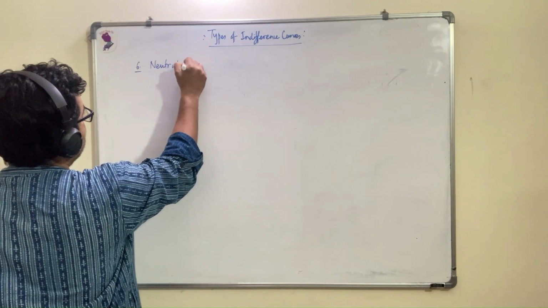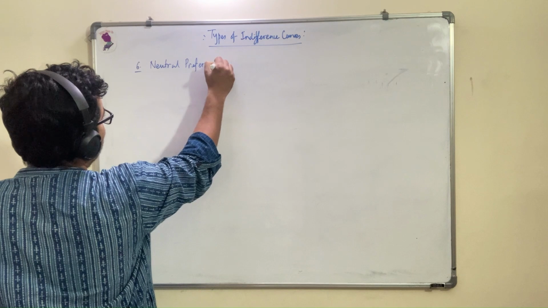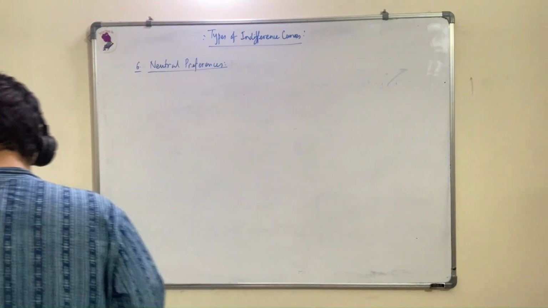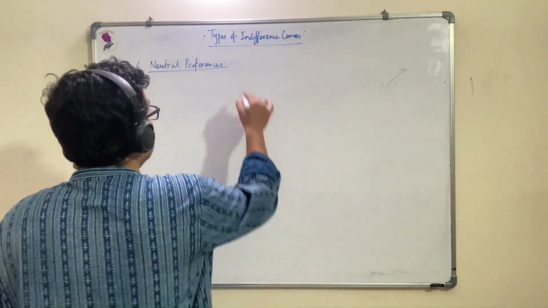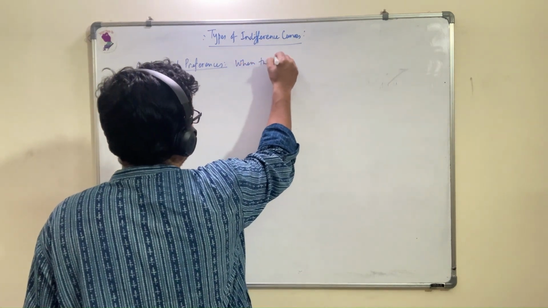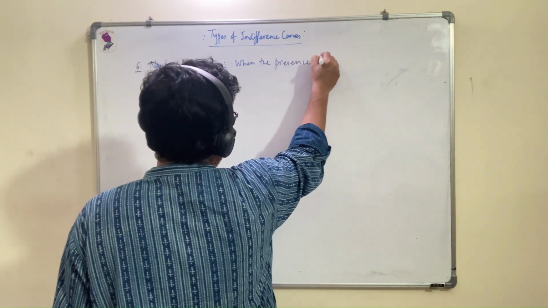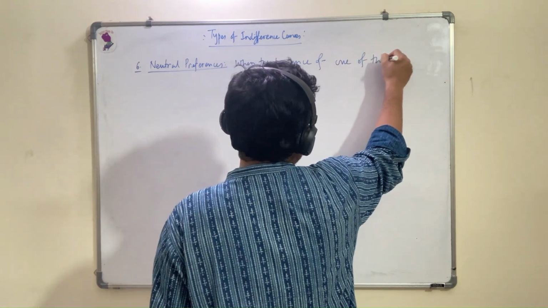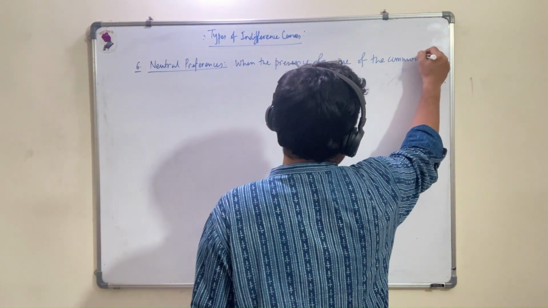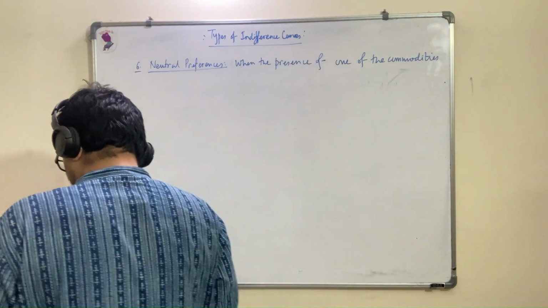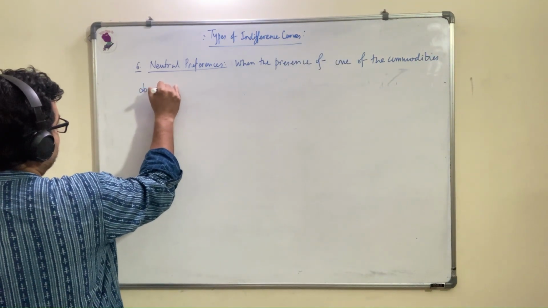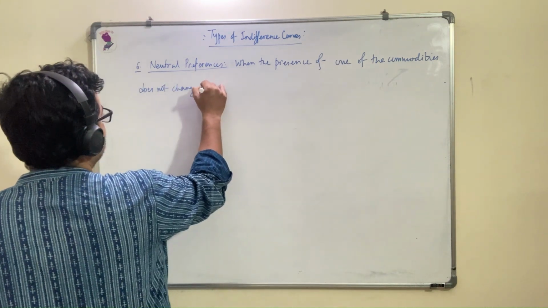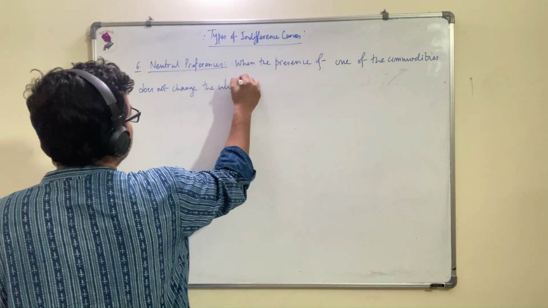So now, neutral preferences. Neutral means you don't feel about any one of the goods. So when the presence of one of the commodities does not change the utility level at all.